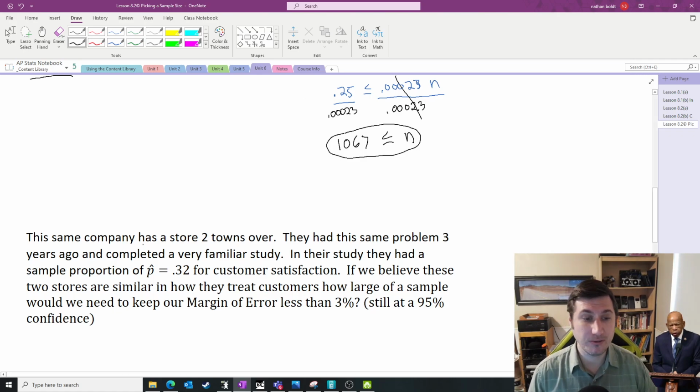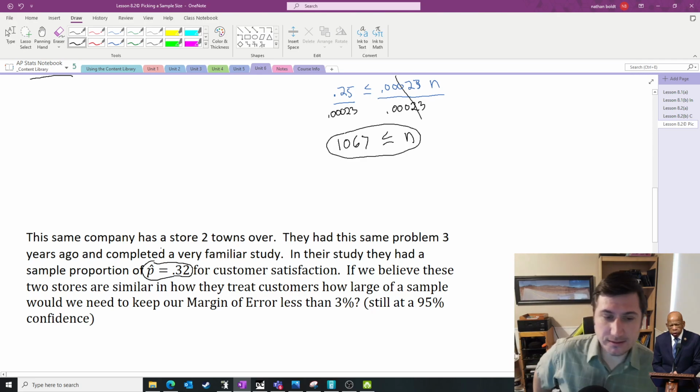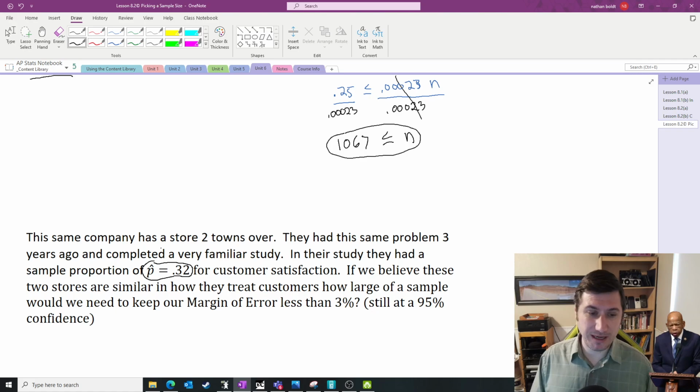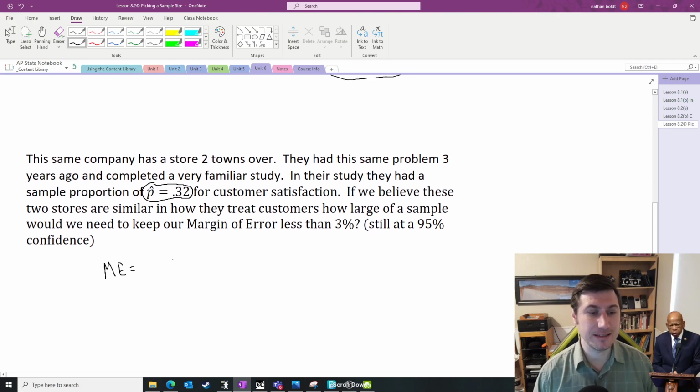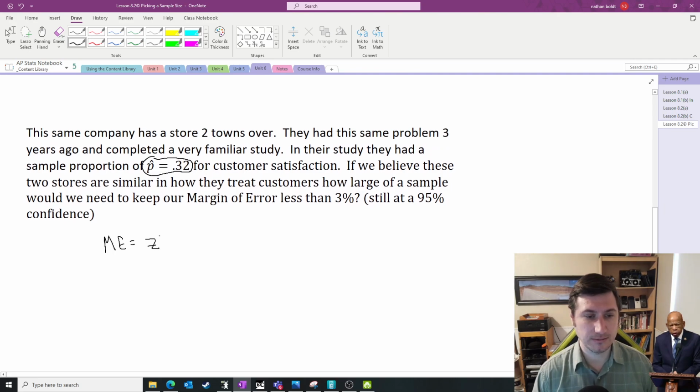All right, well now I have an idea of what p hat might be. I've done this statistical analysis before and we got 32%. I have some reason to believe this one might be similar, so I'm going to use 32% as my possible p hat when I calculate the margin of error. So remember, our margin of error, I'll try to simplify this a little bit, is equal to the z star times the standard error.